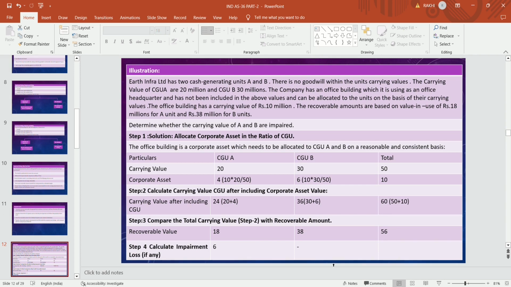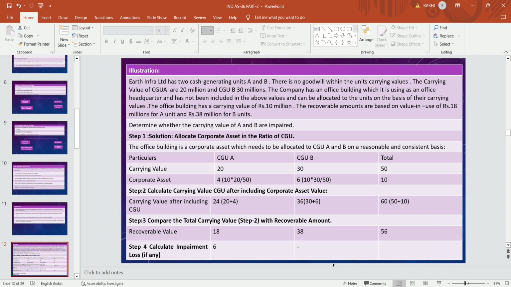So let's start our solution. Firstly, we will allocate the corporate asset in the ratio of the CGU carrying values, that is 20 millions and 30 millions, in the ratio of A to B. The carrying value of CGU A is 20 millions and of CGU B is 30 million, total 50 million.